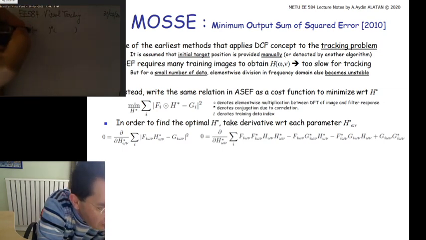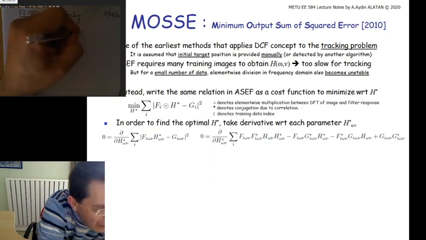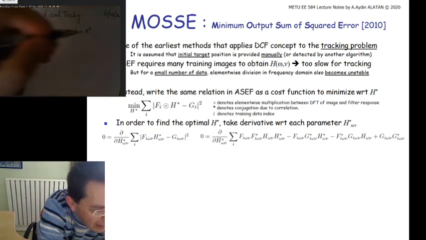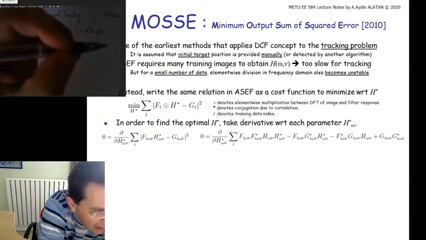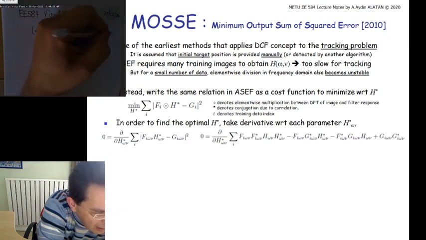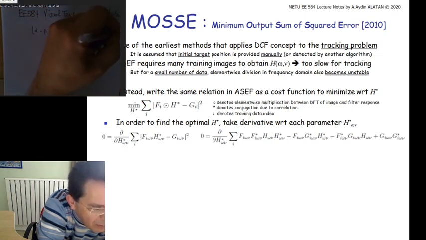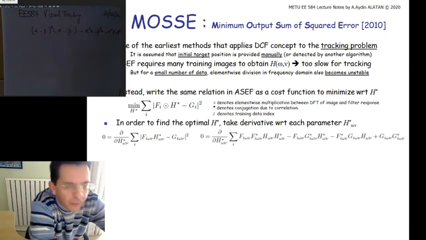There will be four terms like alpha minus beta, alpha minus beta. There will be four terms: beta h, alpha, it goes on like this, alpha h beta, and finally beta h beta. Okay, we will have these four terms.